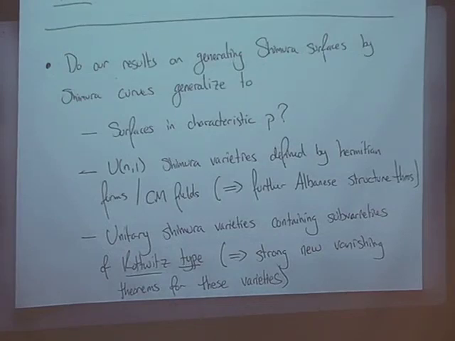But basically, if you could say that these mixed type Shimura varieties were built out of the Kottwitz type ones, you could get stronger cohomological vanishing theorems. And my voice is gone, so I'm just going to stop.